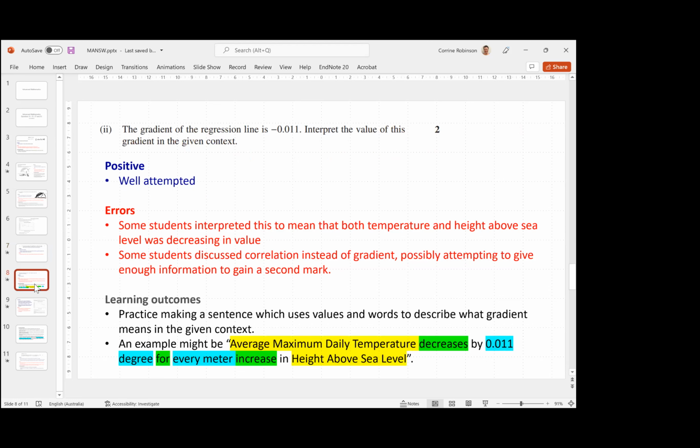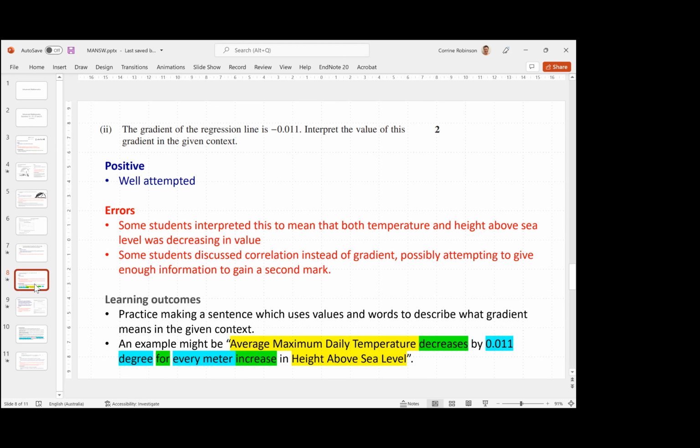Then interpreting the gradient in part 2. This was well attempted, but I think we need to strengthen the sort of responses students give when they have to write in sentences. So some of the common errors we saw was that they interpreted the negative gradient to mean that both temperature and height above sea level is decreasing.